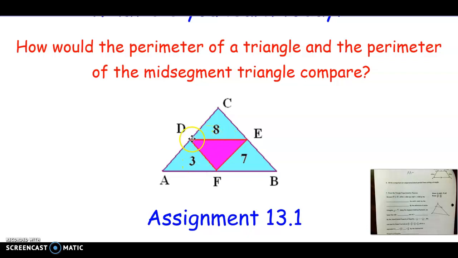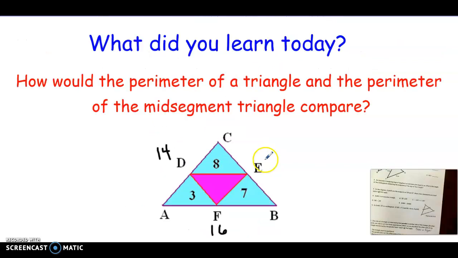And remember, we learned today that the mid-segment is half of the parallel side. So that means AB would have to have a length of 16. And we could go around filling in the other sides. If this mid-segment is 7, that means AC has to be 14. And if this mid-segment is 3, then side CB is 6. That makes every mid-segment half of its parallel side.